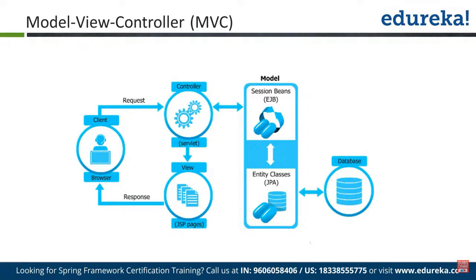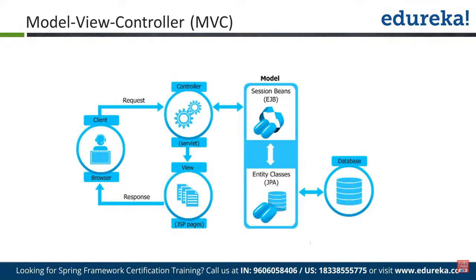We use mainly JSP pages, XHTML, HTML, or any other format, depending on what kind of technology or language you are going to use. So that view combines your objects and the HTML together and sends the response back to the browser so that it can be viewed at your client level.